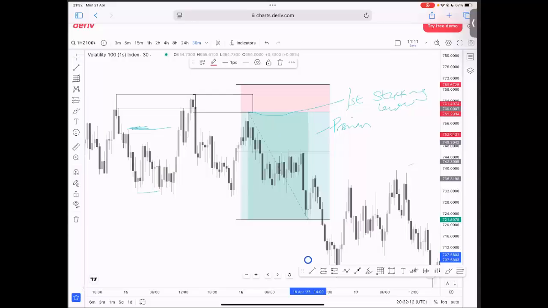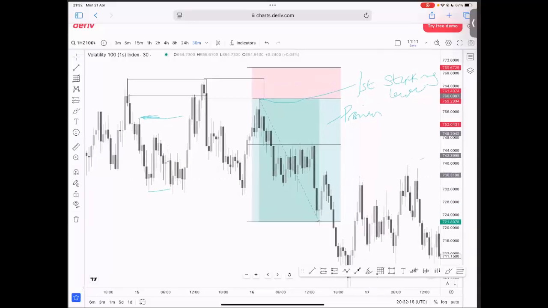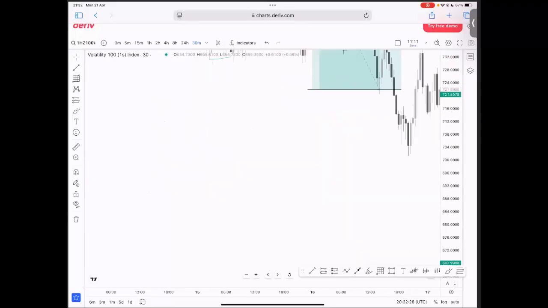Now let me tell you something. For the number of trades that people open when they are stacking, there's no rule that says this is what you do. Open it according to the lot sizes. For something like VIX 100, the minimum lot size is 0.5.